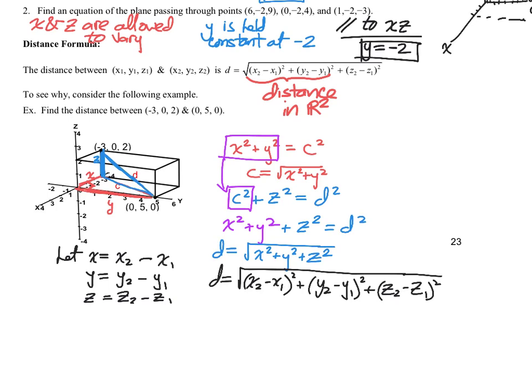I mean, none of that does anything to answer the question that was posed, and that is, what's the distance between the 2 points? But I think that's the bigger learning objective there, is to understand where the formulas come from.